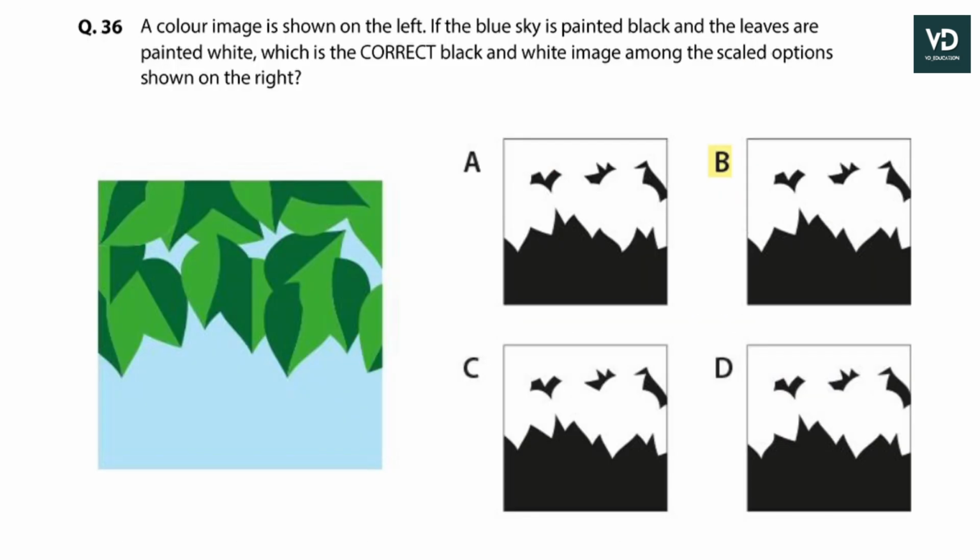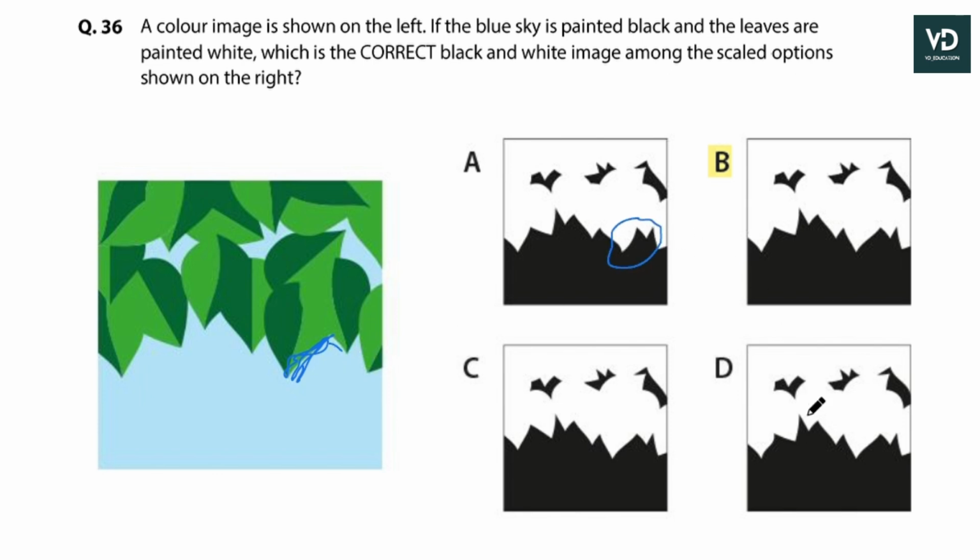Question number 36. A color image is shown on the left. If the blue sky is painted black and the leaves are painted white, which is the correct black and white image along the scaled option shown on the right? Okay, so we need to eliminate the incorrect option. We can notice here, this is the one shape that we can see, but this is incorrect here.